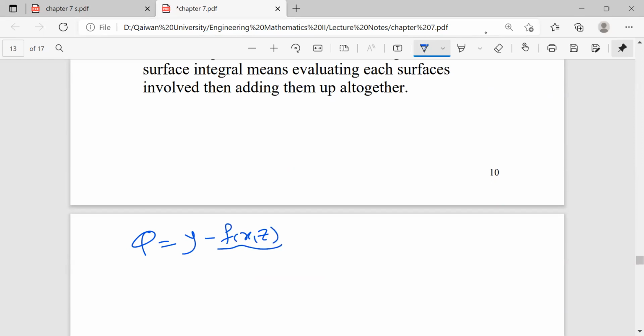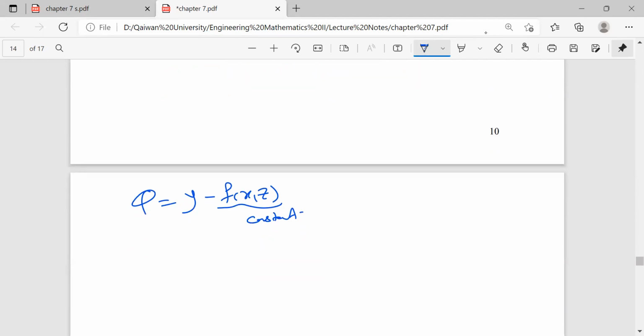F of xz is a constant. So phi sub x equals 0, phi sub y equals 1, and phi sub z equals 0, because the derivative of this constant function with respect to x and z is 0, and the partial derivative of phi with respect to y is 1.